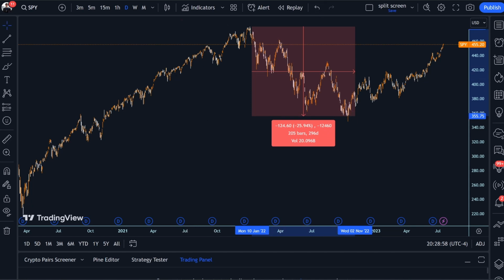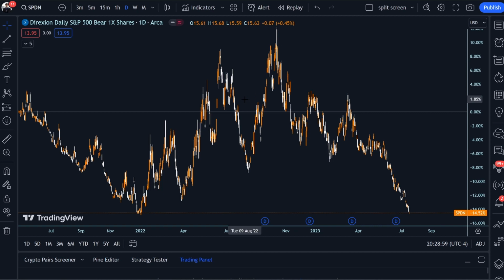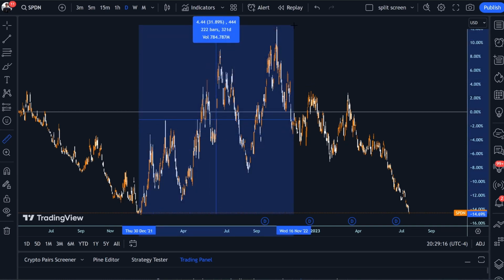So now let's jump over to the SPDN and let's see what happened. Here's 2022 at the start, January, and it went up because it's the inverse. And then this is right around October when the market bottomed. This had a peak. And if we were to measure it, it went up about 31%, or call it 30% for nice even numbers.